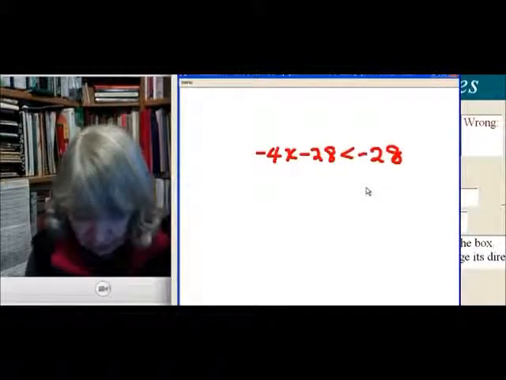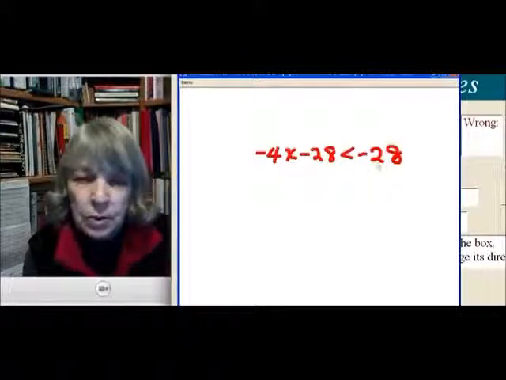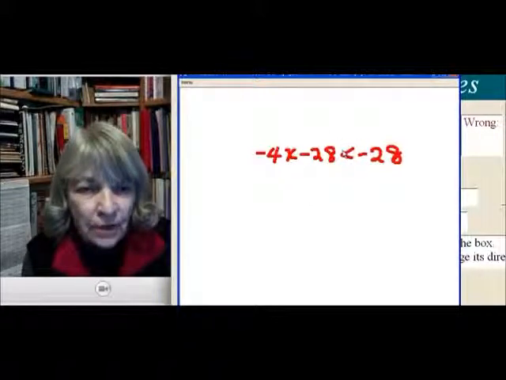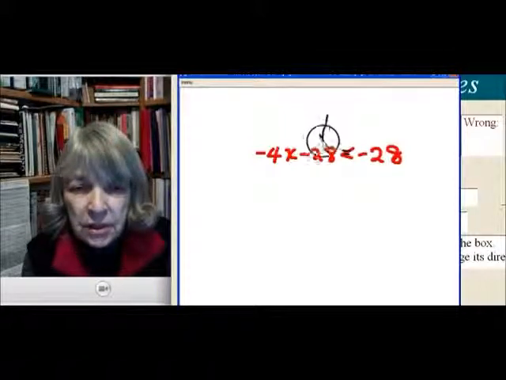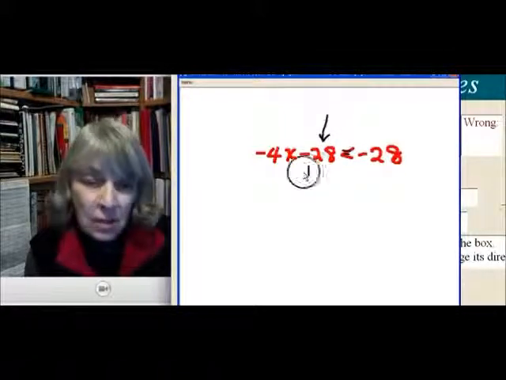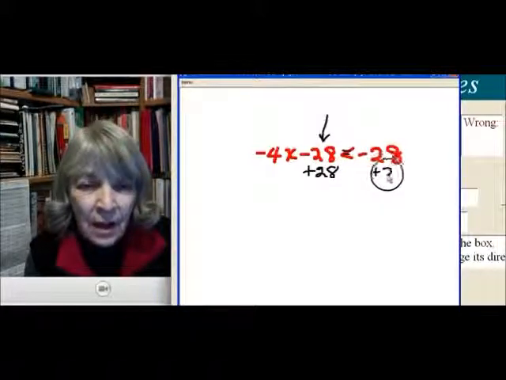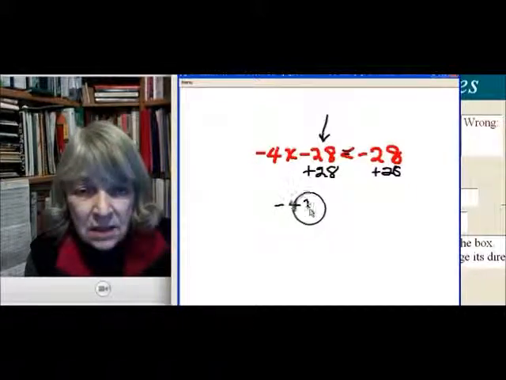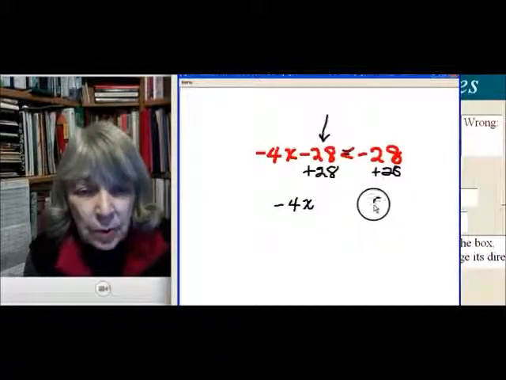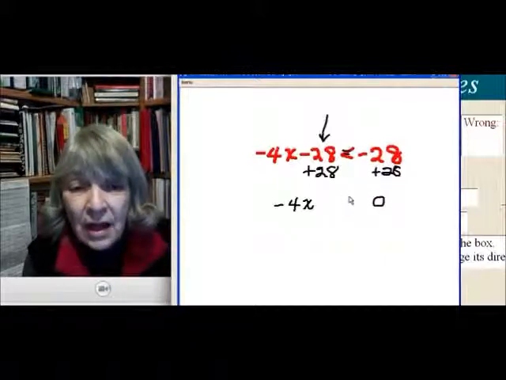If this were an equation, the first thing I would do is get rid of this negative 28 by adding 28 to both sides. I'd end up with negative 4x and 0, and I'm going to put less than.